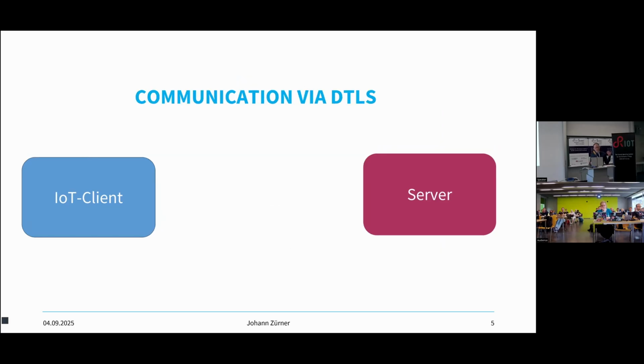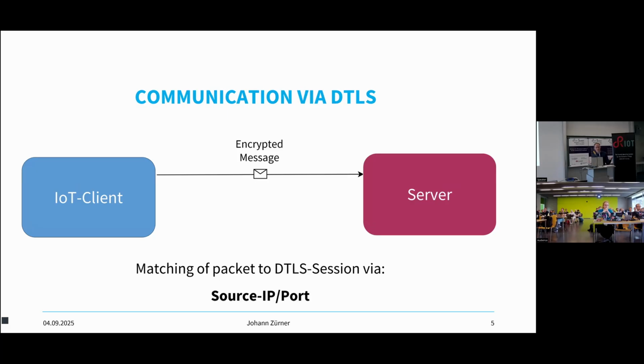Now, the default behavior in DTLS is that when the client sends a message to the server, how does the server identify the packet as belonging to a specific session that was negotiated before? Because the server might be handling more encrypted sessions with different clients, the server looks at the source IP and port of an incoming packet and then matches that to an existing session that it knows.